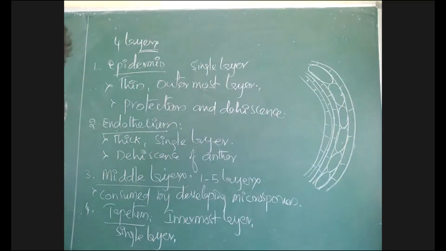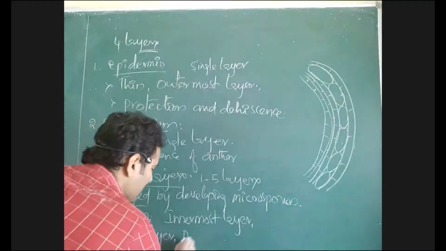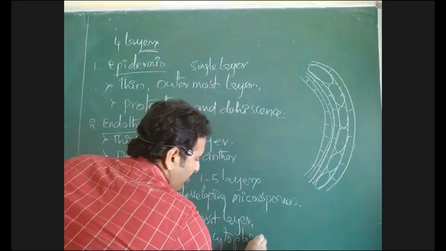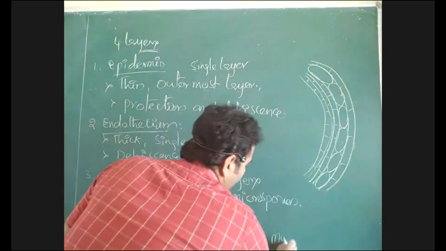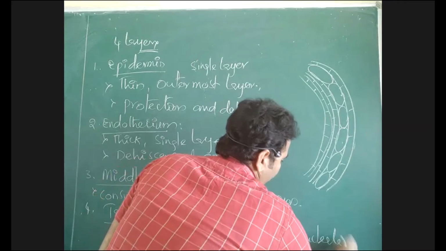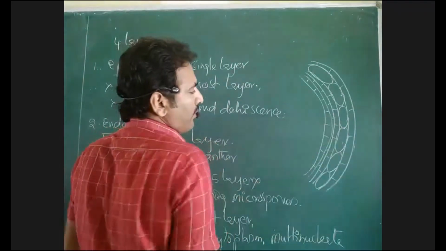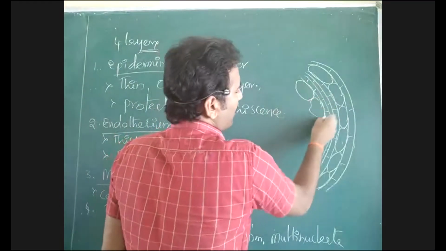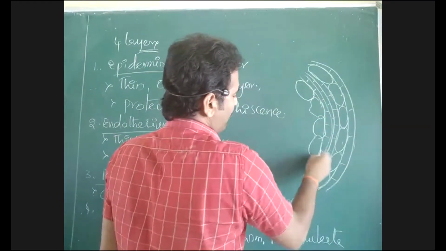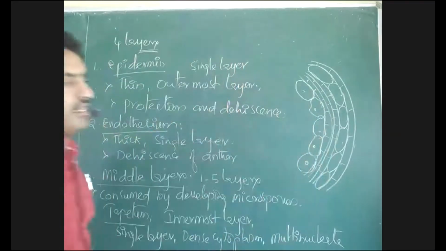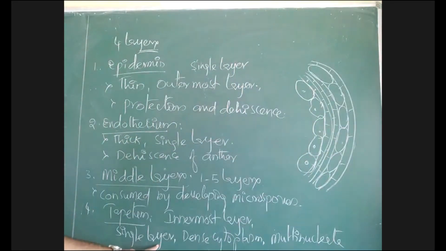Cells with dense cytoplasm and multinucleate condition. So these are the middle layers, and below that there is another layer called tapetum. This tapetum is the innermost layer, a single layer only.